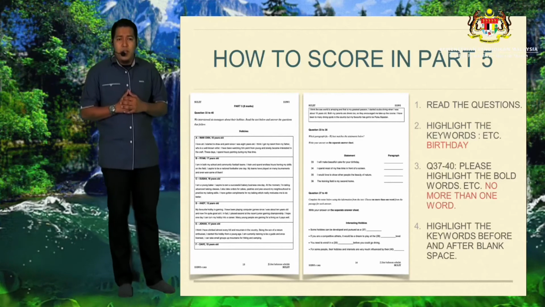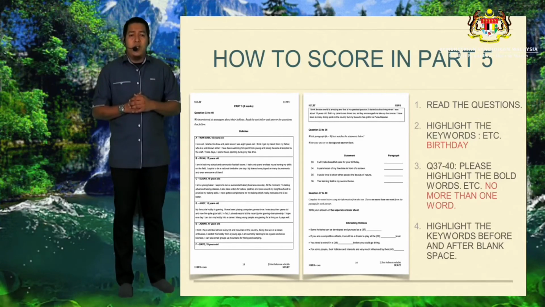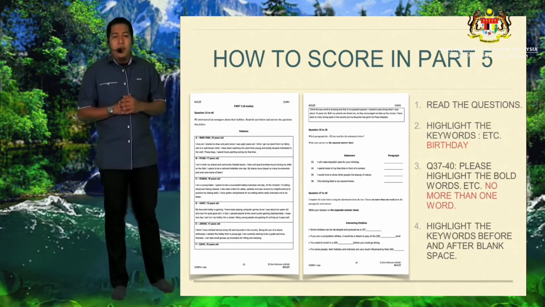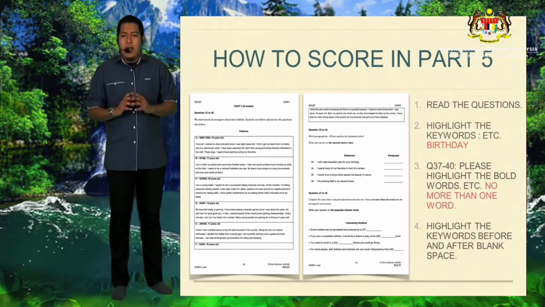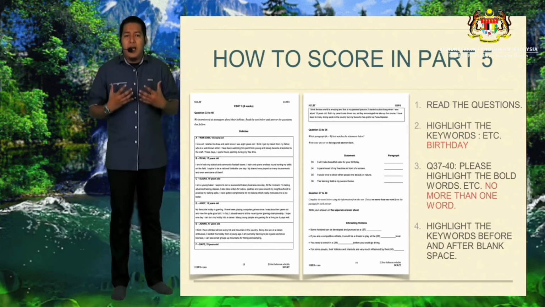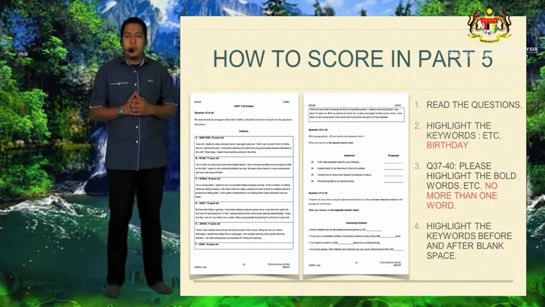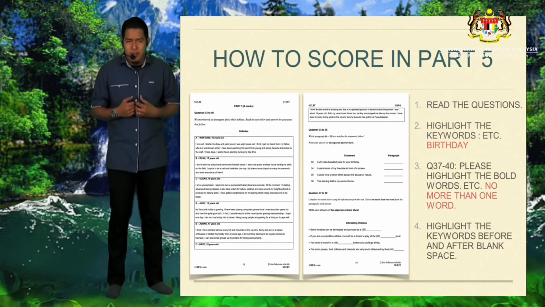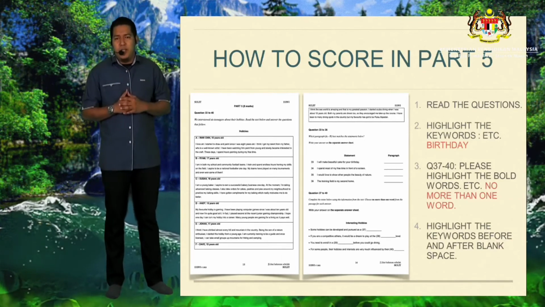Okay, the third tip is for questions 37 until 40. Please highlight the bold words. I want to emphasize again, please highlight the bold words in the instruction. Why? Because sometimes we are too excited to answer the question and we just miss the important information there.